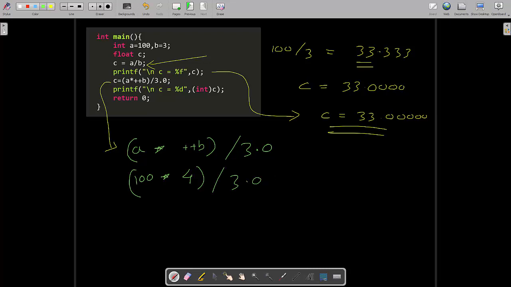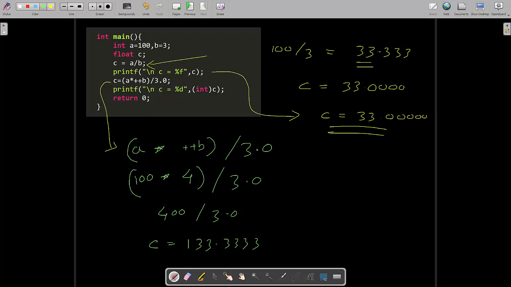Then if I look at the operator precedence, the parenthesis will be executed first, so this will become 400 divided by 3.0, and this is nothing but 133.3333, something like this, and this value is going to be stored in C. And one thing to note is, in the previous case a and b were integers, so that's why when you divide an integer you get an integer value.